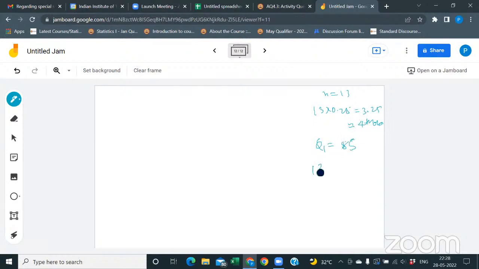For Q3, it should be 13 into 0.75, the 75th percentile. It will be 9.75, that means the 10th observation. The 10th observation is 69. So what will be the IQR? Q3 minus Q1, 69 minus 55, which is 14.